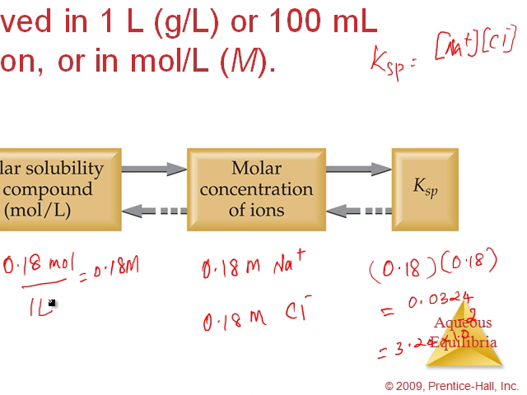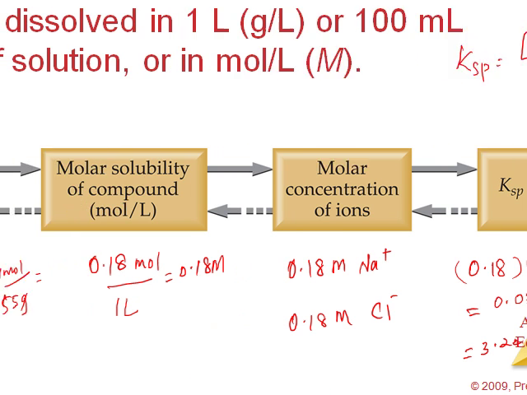I think we have a calculation coming next. Yes, this one should be these two, that is Ksp, calculating Ksp from solubility, and next one might be calculating solubility from Ksp. So first one is the forward path we just looked at, calculating Ksp from solubility.